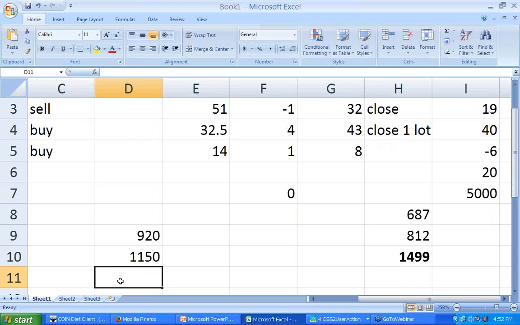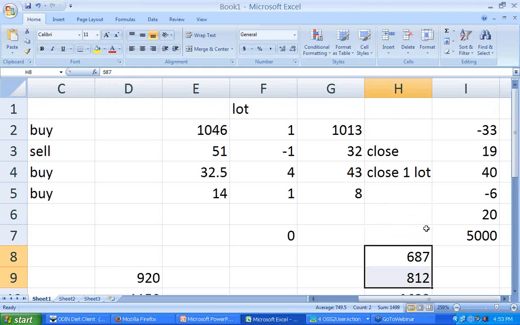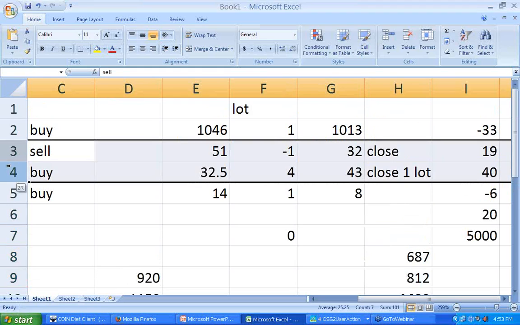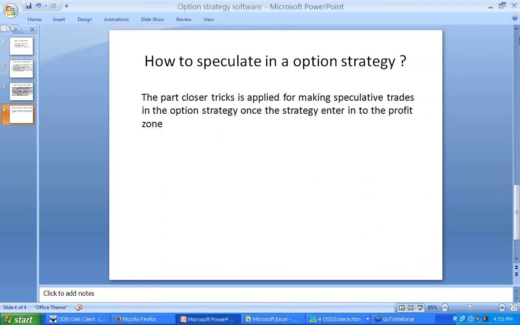Certainly from 1020 to 920, 100 rupees, another 5-6% fall in a day may not happen, may happen also, but nothing is wrong if I speculate to a limited extent in these two profit-making positions, and if I speculate and re-enter multiple times also, it is not wrong. So this is how you can speculate on this option strategy builder.